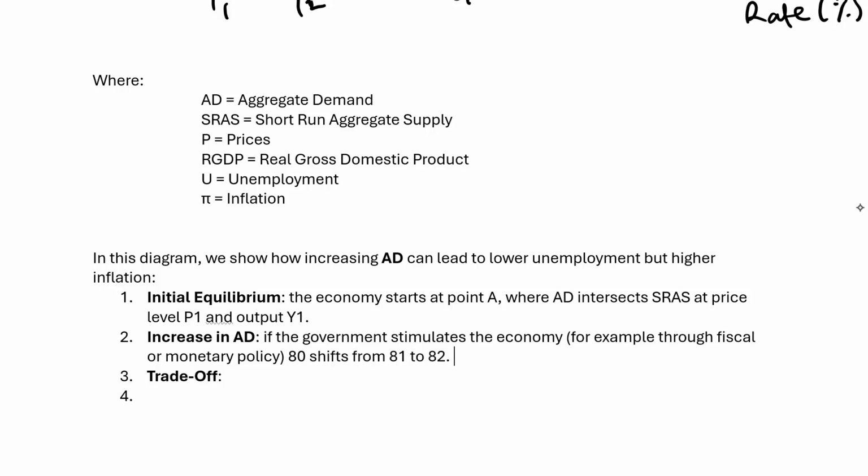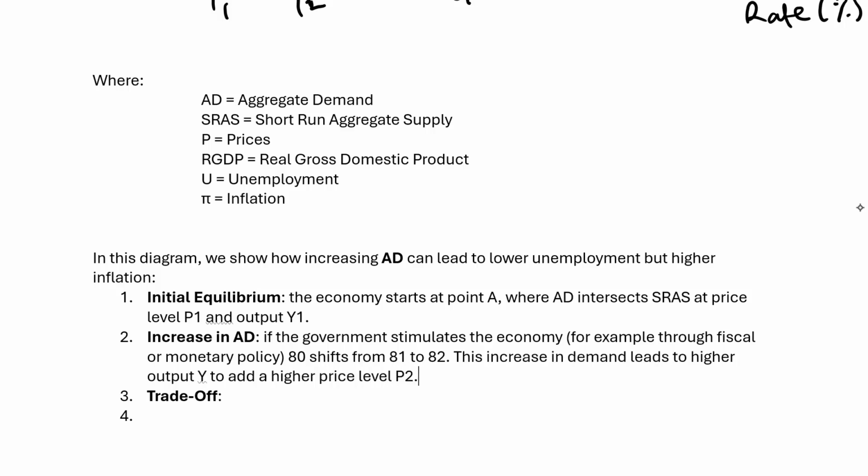This increase in demand leads to higher output Y2 at a higher price level P2. So aggregate demand shifts from AD1 to AD2.